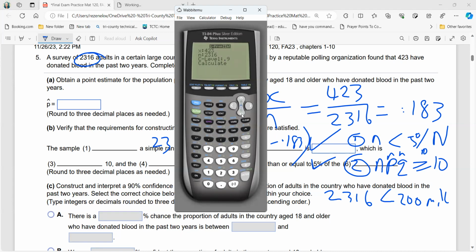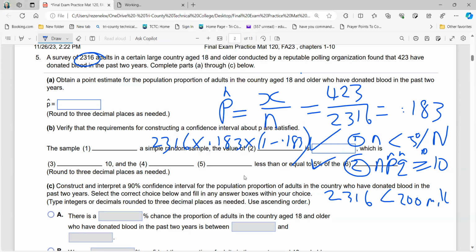And I'm going to calculate the 90% confidence interval for the proportion. I usually take a picture of this, so that when it goes away, I have a picture. Now I want to write the confidence interval.